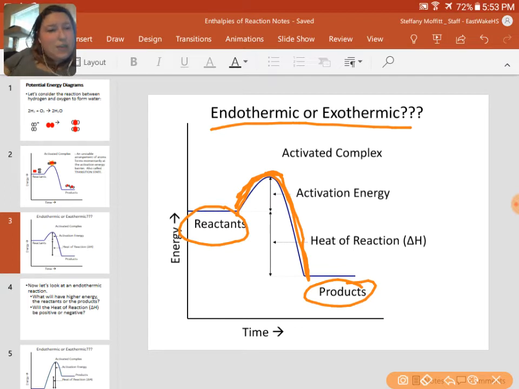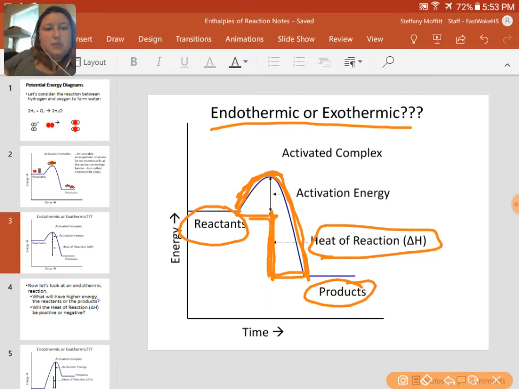So the heat of our reaction, delta H, which is a very important term, is going to be the difference between your reactants and your products. The difference in energy between those two things. And you'll actually see the equation later. The activation energy, we talked about that, is the distance between the reactants and the energy it takes to make that reaction happen.